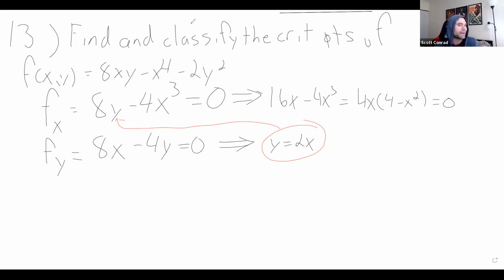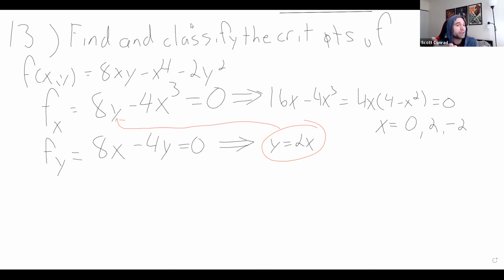So then what x values satisfy this equation? Right, so x equals 0 satisfies the 4x equals 0. And x equals plus or minus 2 satisfies the 4 minus x squared equals 0. Okay, so that gives us 3 x values at the critical points.